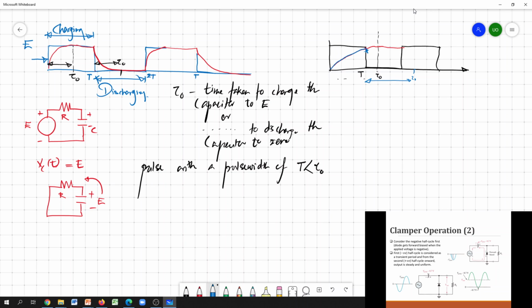But during this block, when T comes to this, it again supplies a voltage of E. So this capacitor discharges whatever the stored energy was across the capacitor during this period. So it never discharges properly to zero. It basically stops here. So then again we have charging.